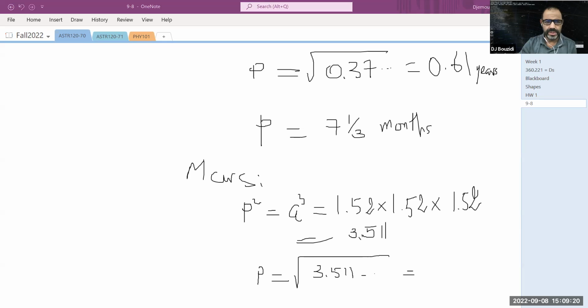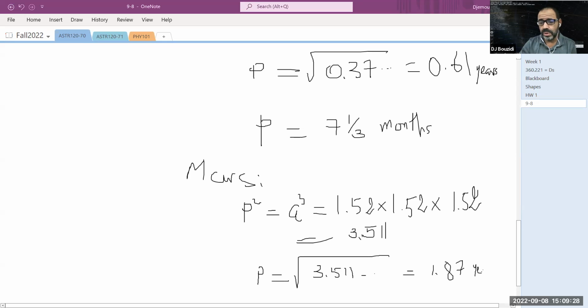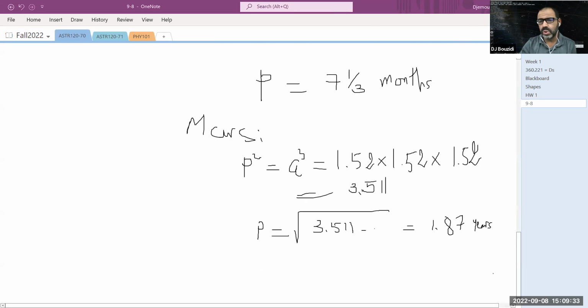So I'm going to take the square root of this number, and it's 1.87 years. In other words, the year on Mars is almost twice the year on Earth. How many months is that? Just multiply by 12 again. It's 22.5, or 22.48 to be more specific.